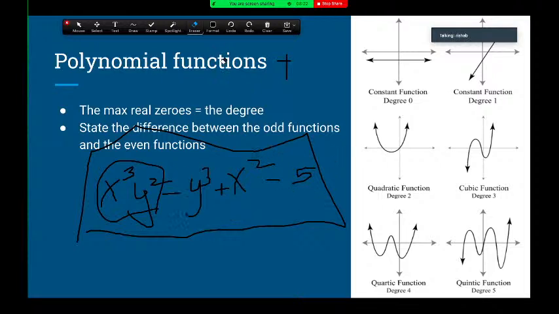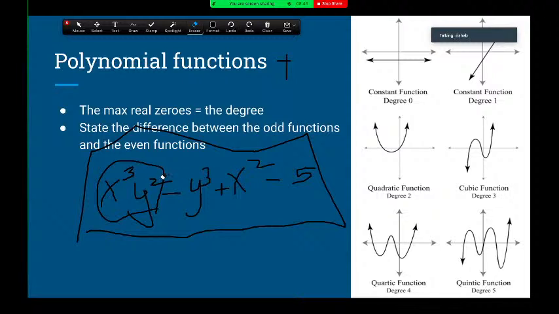And good job, Manya. Yes, the highest exponent is 3, but the degree of this function is actually 5, because if you add these two exponents within the term, it becomes 5.